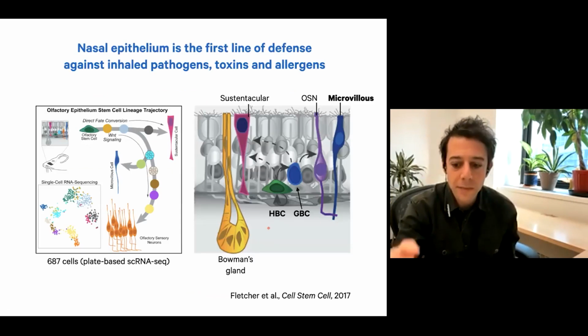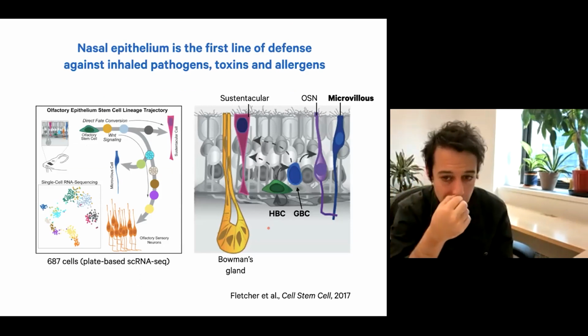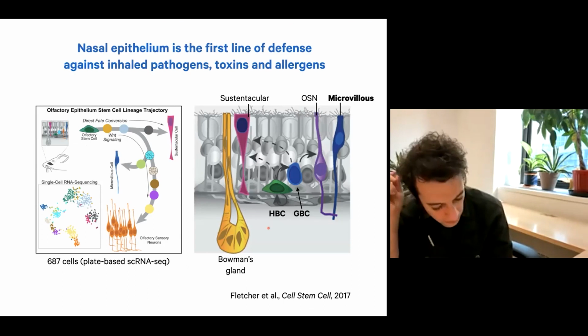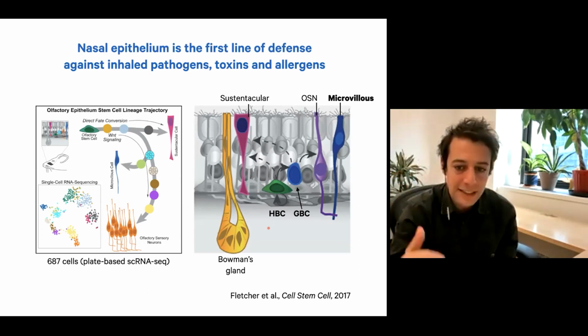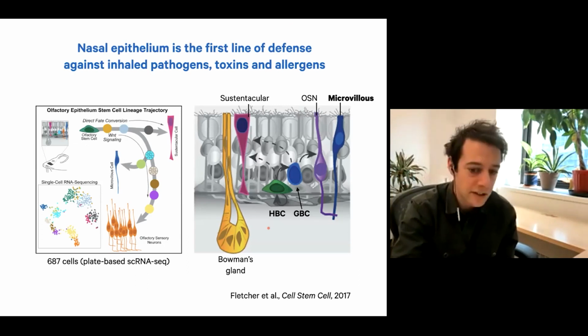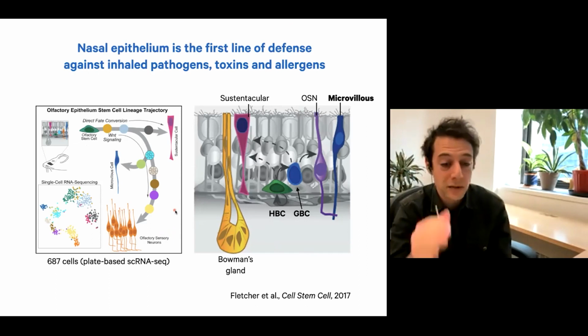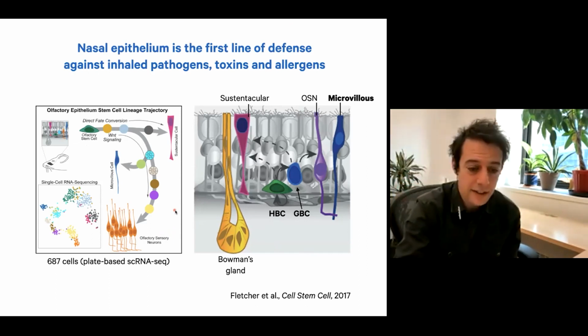So at this point, we wanted to look at the nasal epithelium. As I mentioned at the beginning of this talk, nasal epithelium is sort of a prime site to observe the inhaled airstream and detect any inhaled threats, such as allergens or other noxious substances. But less was really known about what was present there in terms of the cellular diversity.